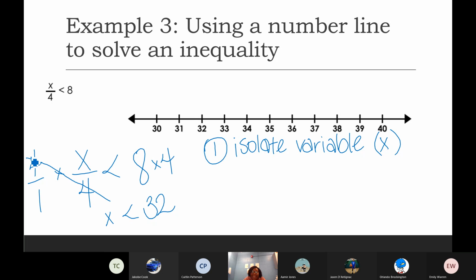We know that X is less than 32. So that means X could be any number that is less than 32. So back up here on my number line, I'm going to put a circle above 32 because X can't be 32. And then I'm going to shade on my number line.